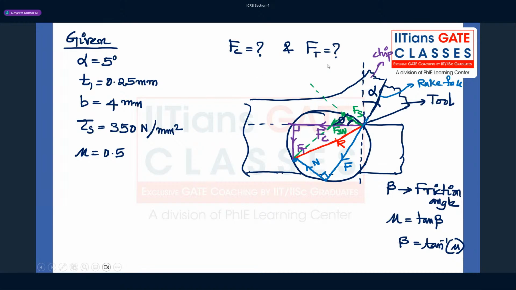For that, we need to have some understanding of this merchant circle diagram. I'm not going to derive it. If you derive it, it will take a longer time. You can take all the triangles: the blue color triangle with red, green color triangle with red, and purple color triangle with red.